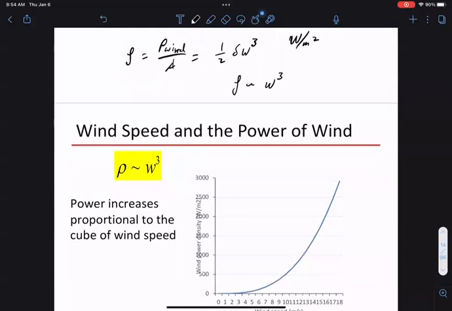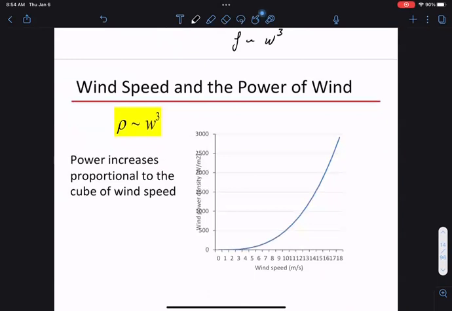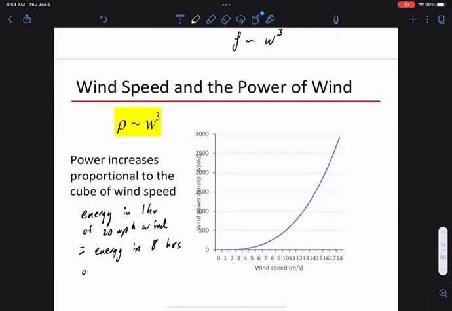Okay. So again, that's just a plot of something cubed. We want to emphasize that this scale goes up really, really fast. So think about this: the energy in 1 hour of, let's say, 20 mph wind is equal to the amount of energy in 8 hours of 10 mph wind.